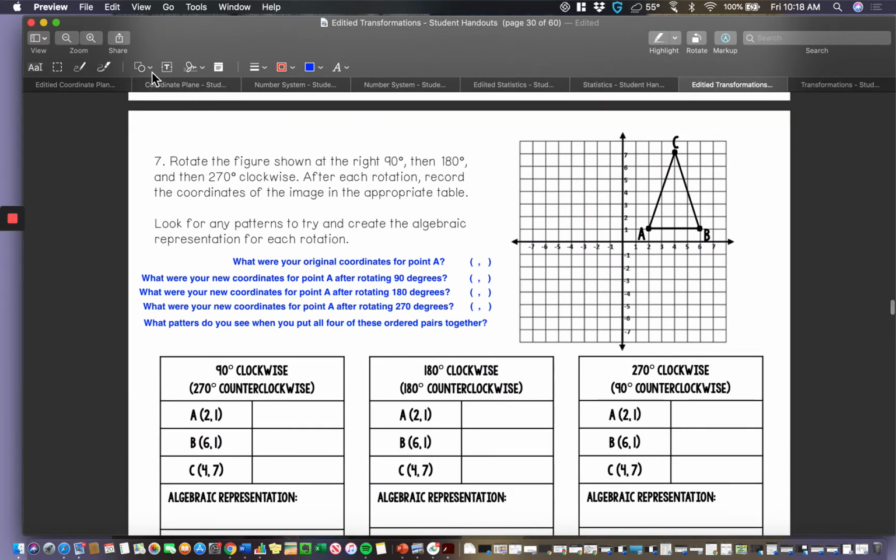Alright, let's see if I can help you out with that. Make a little figure here maybe. I'm going to rotate it that way first. And then once you're done with that one, you're going to rotate it this way next.